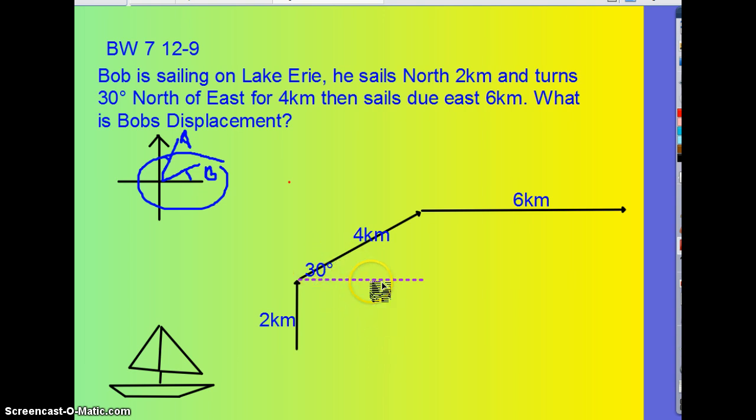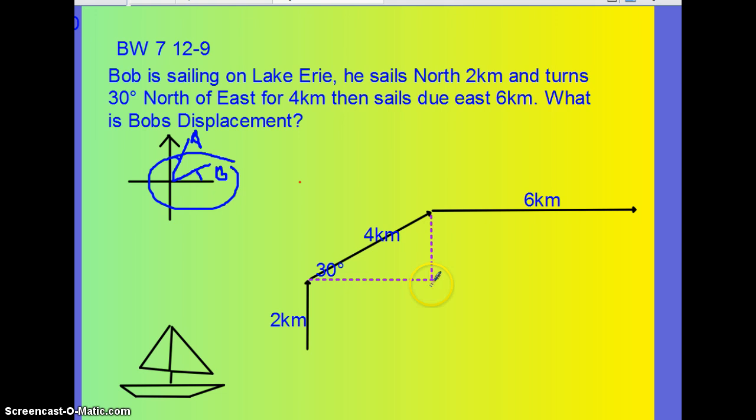So if that's my line off to the east, and then I have another one that goes off to the north, now check out what this enables us to do. We went 30 degrees to the north side of east. That's north of east. If we went the other way, it'd be south of east, right? Whenever you encounter these kind of sayings, the second word is what you base yourself off of. The first word is what you modify with. So east is my base, go north of it. Okay, so there's my angle.